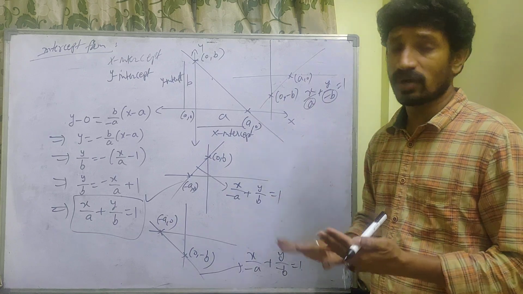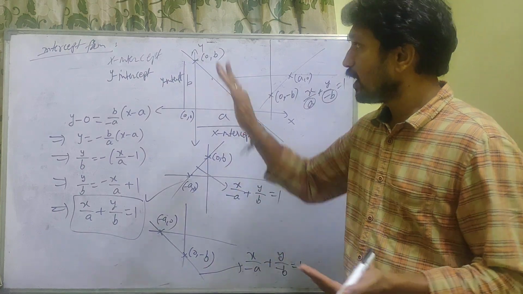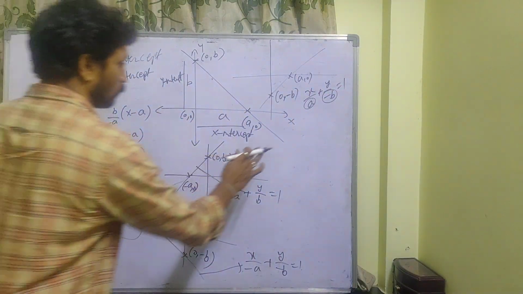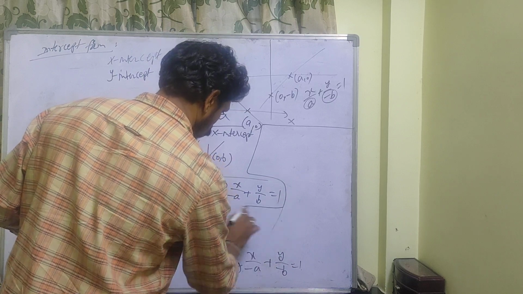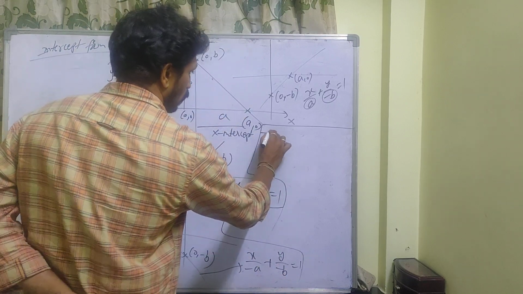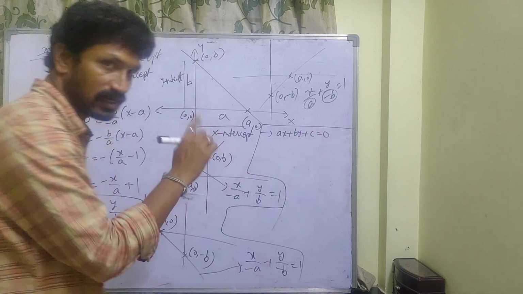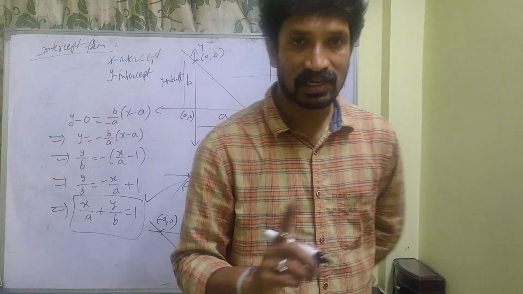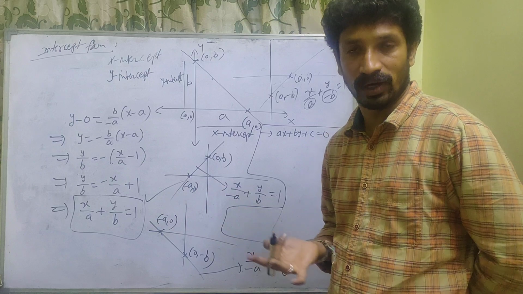How can you convert ax plus by plus c is equal to 0 into intercept form? This is important. First, we have to find the x-intercept. If you know the x-intercept and the y-intercept, you can write x by a plus y by b is equal to 1.